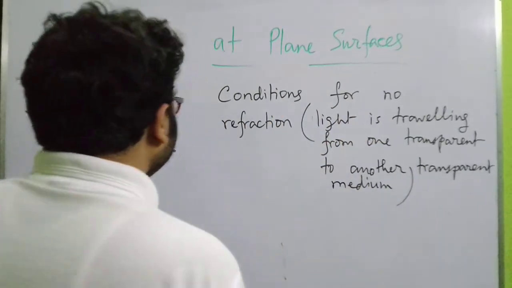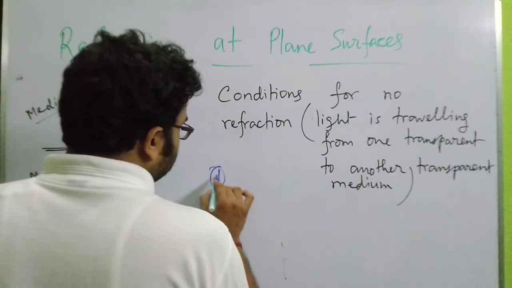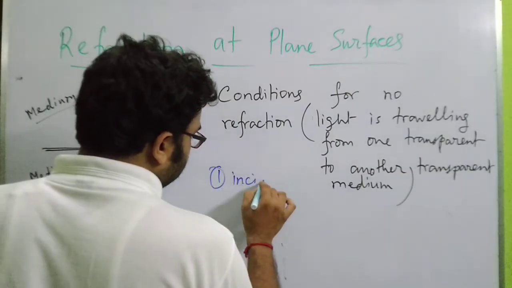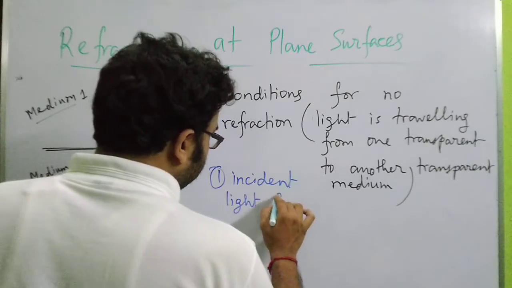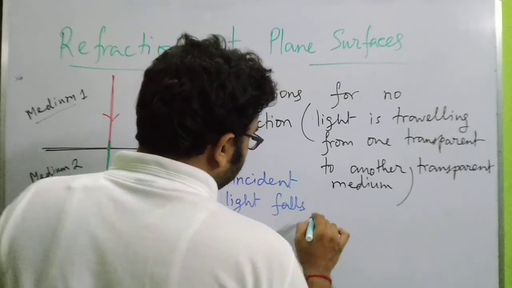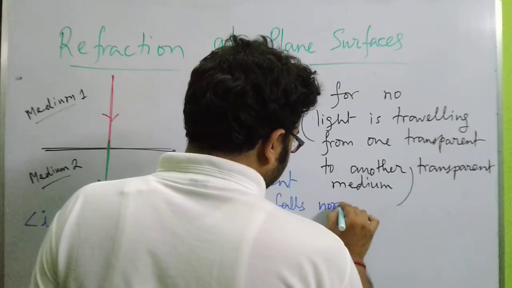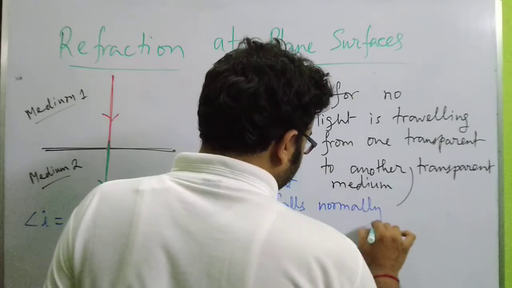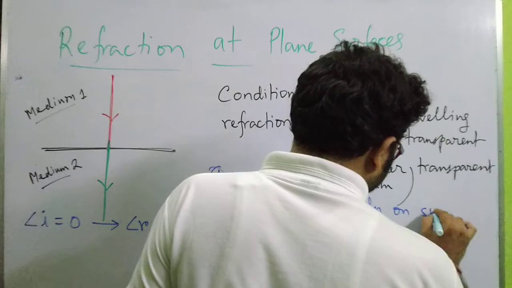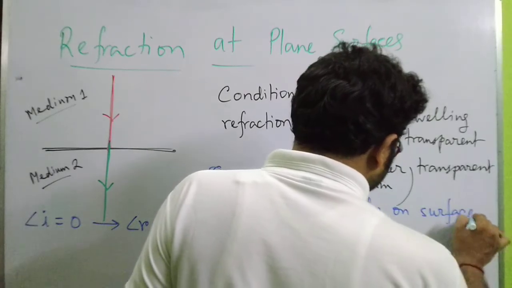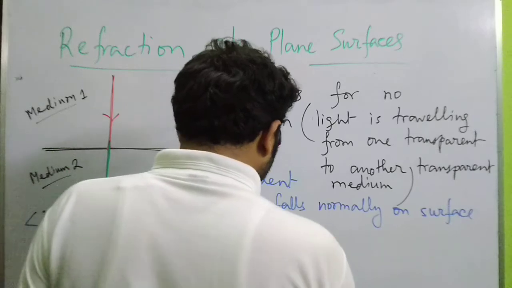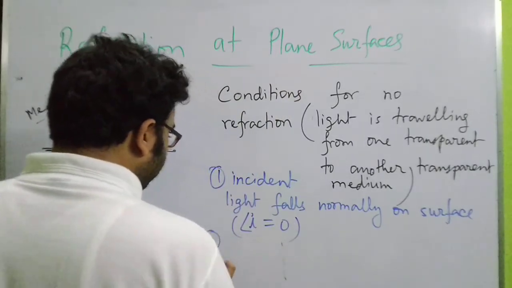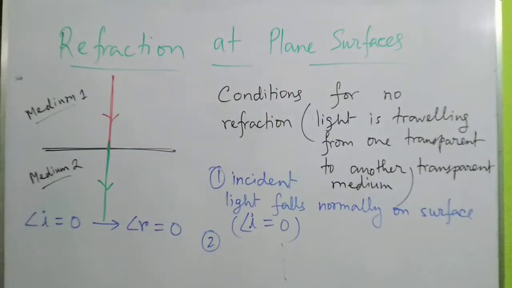So what are the conditions? First of all, the incident light falls normally on the surface, that is, the angle of incidence is equal to 0. This is the condition. And the second case is when the speed of light remains the same in both the media.